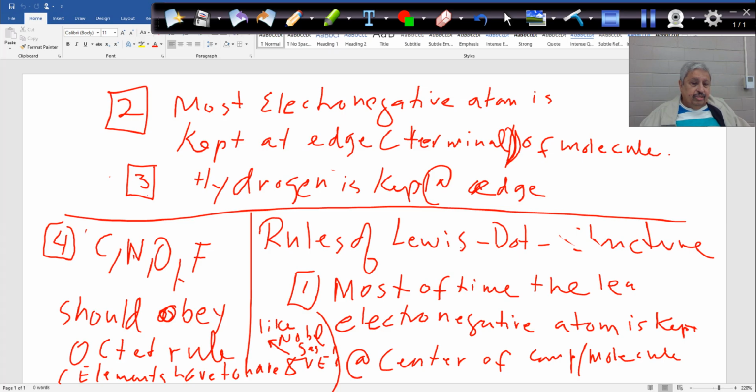Okay, guys, we are looking at them to see if they are really obeying the octet rule to have 8 or not. So let's go back to our examples. Now with this in hand, we can look at that.